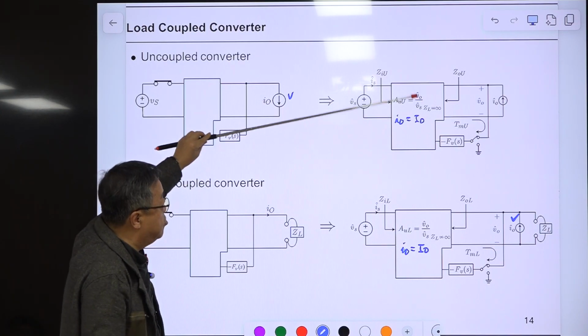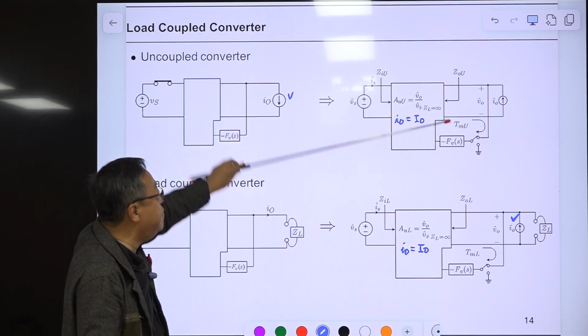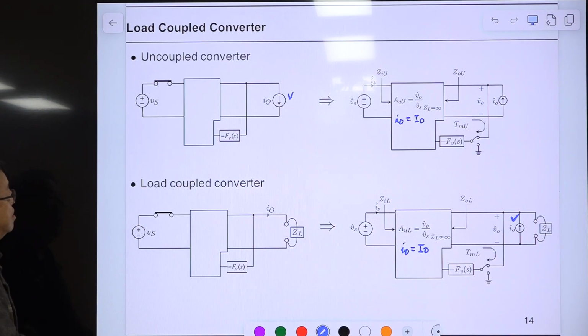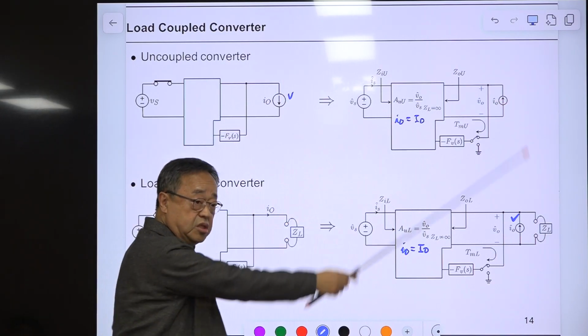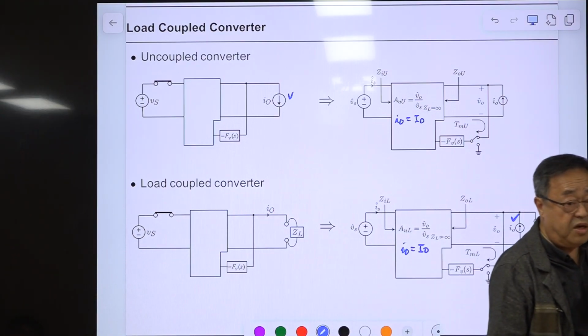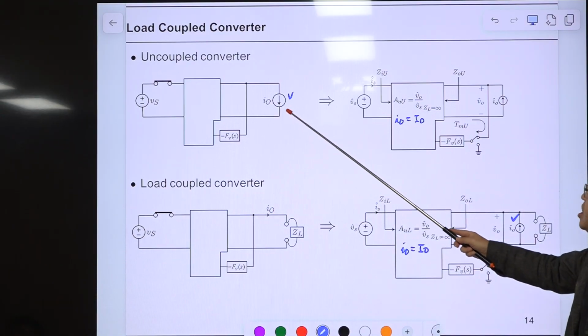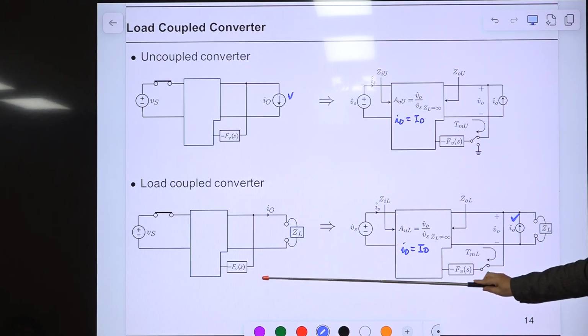This is for the buck case, this is the inductor current, which is the output current, okay? And this is the current sink, and this is what? This is the small signal current source. They look the same, but they are different. One is a current sink. This is the AC disturbance source, a sinusoidal current waveform. Okay, so different. And the load coupled converter is this one.